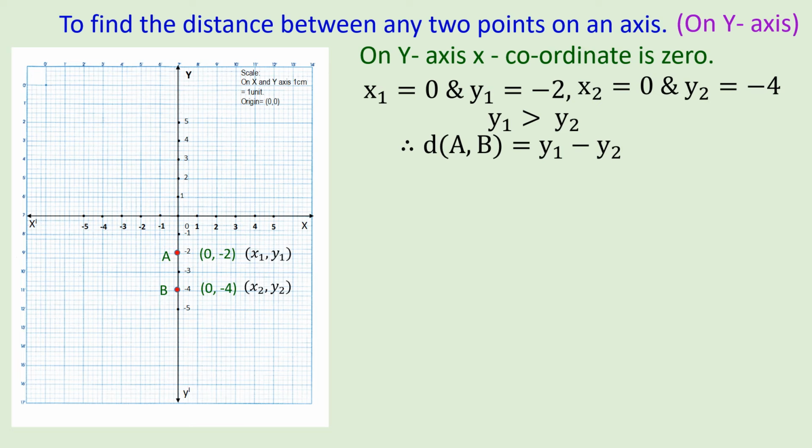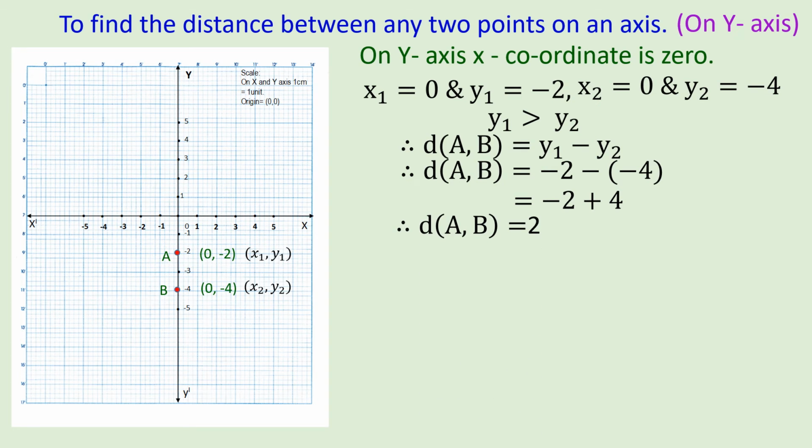So y1 is greater than y2, therefore y1 minus y2. Substituting, -2, that is y1, minus of -4, that is y2. When I open the bracket, I get -2 plus 4, which becomes +2. So the distance between point A and B is 2 units.